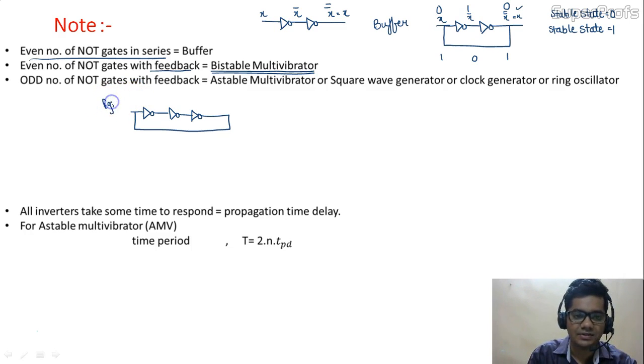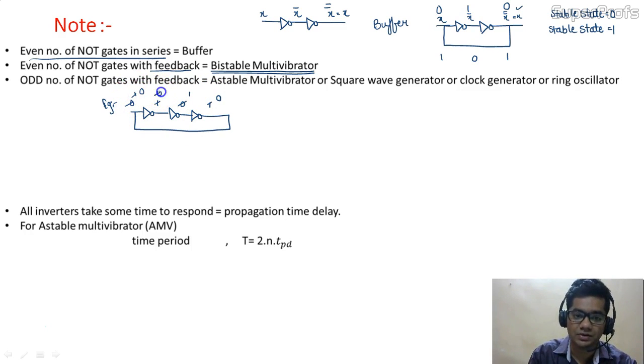If we consider 0 as input, the output would be 1, this would be again 0, and this would be again 1. Now 1 will go as feedback to the input, and this would change to 1, this to 0, this to 1, and this to 0 again. Now 0 would go into the feedback and it would again change.